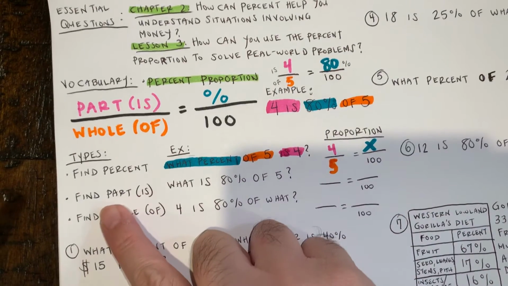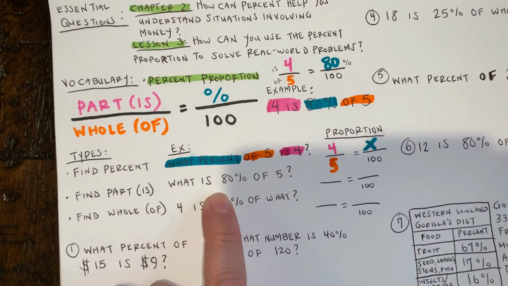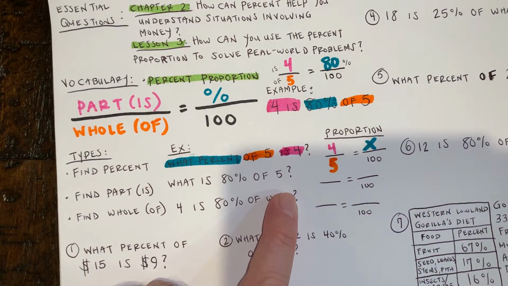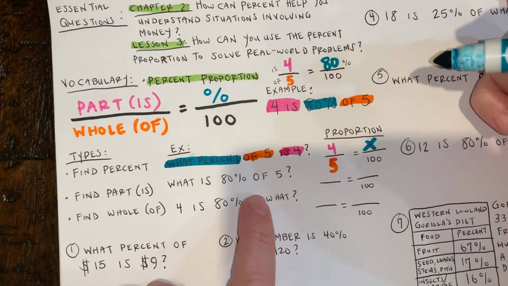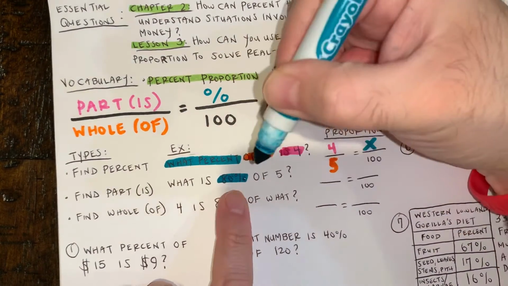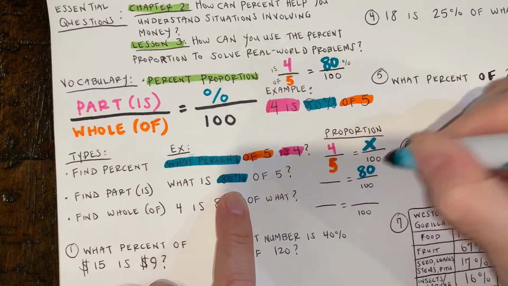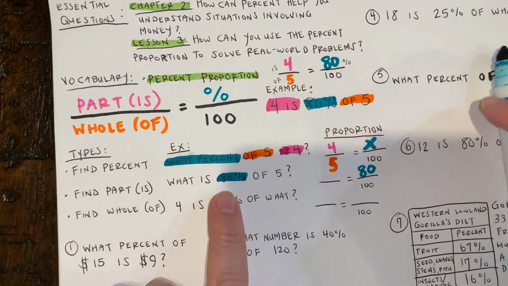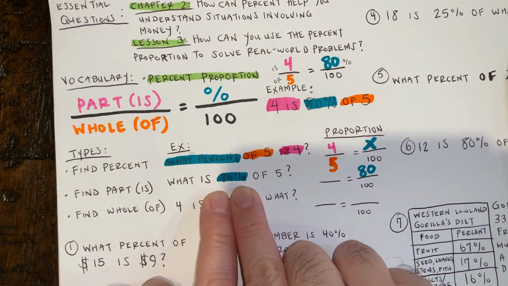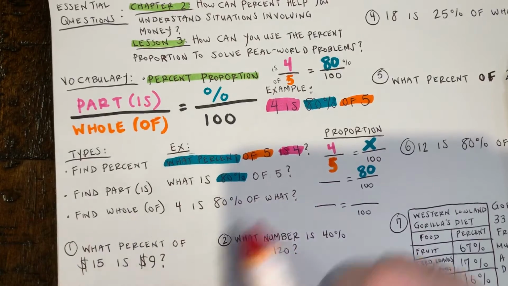Now, we're also going to be missing the part, or the is. So we have, what is 80% of 5? Focus on the percent first. That's the easiest thing to identify. You can see 80%. So 80 has to go over 100 because your percent always goes over 100. Now that has separated two parts. We have of 5 right here.